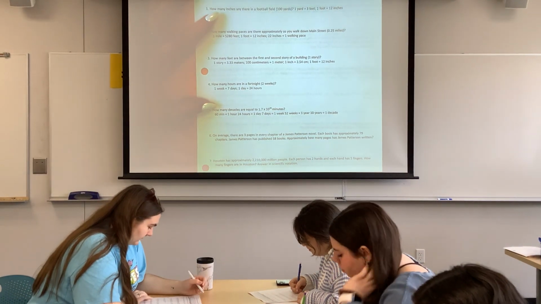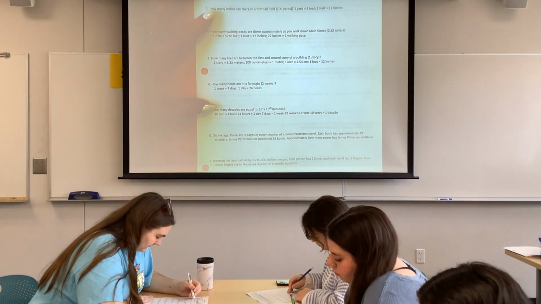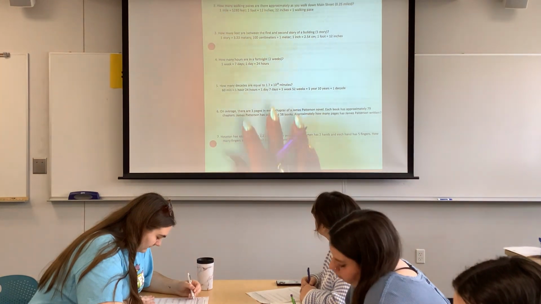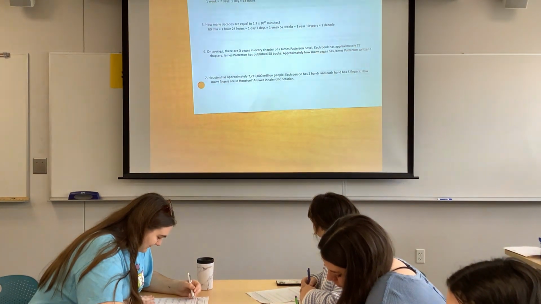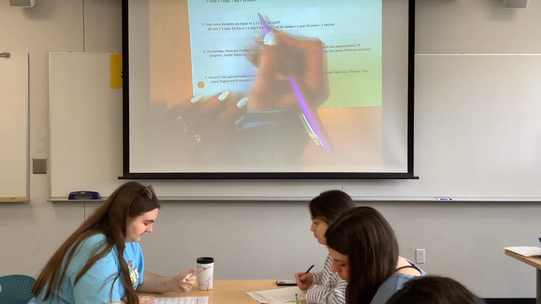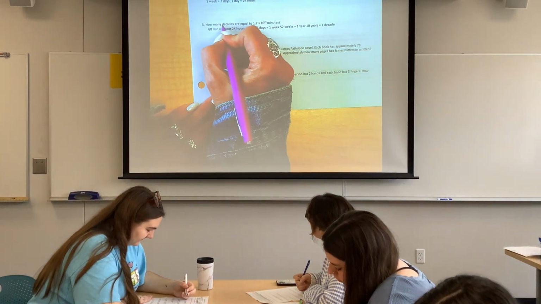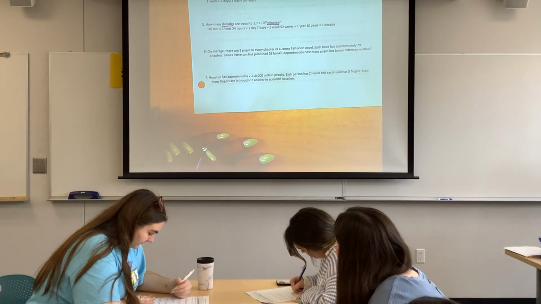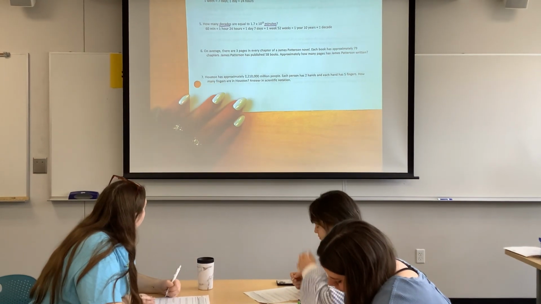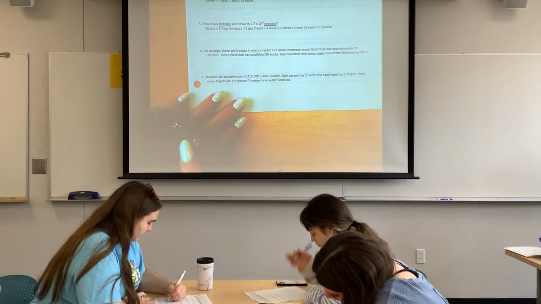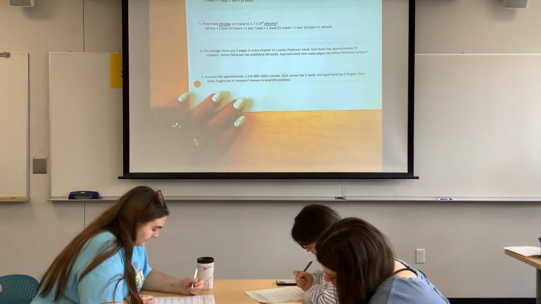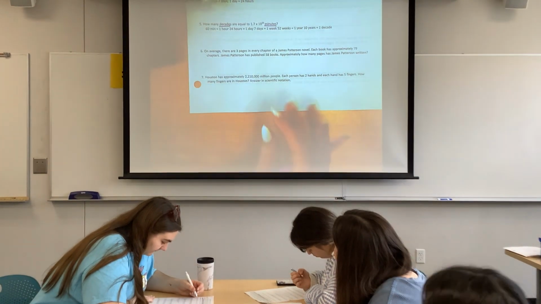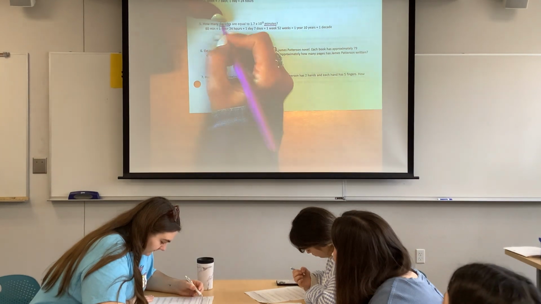Number 5? How many decades are equal to 1.7 times 10 to the 25 minutes? Okay. So we have 2 things going on here. We're going from decades to minutes, so that is our unit conversion. But we also have scientific notation, so you're going to have to think back to chapter 7 of Number Sense 2, where we did our decimal work.